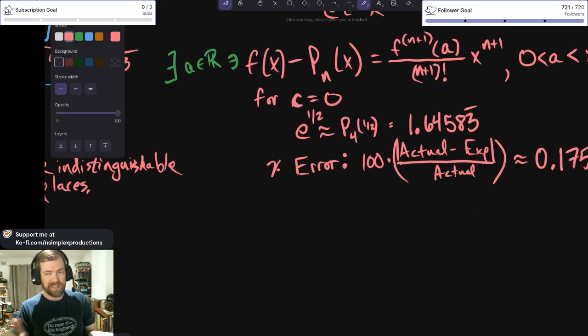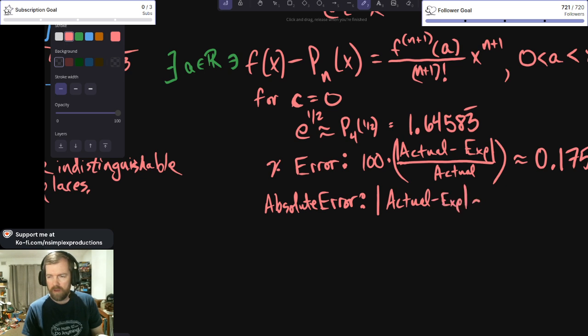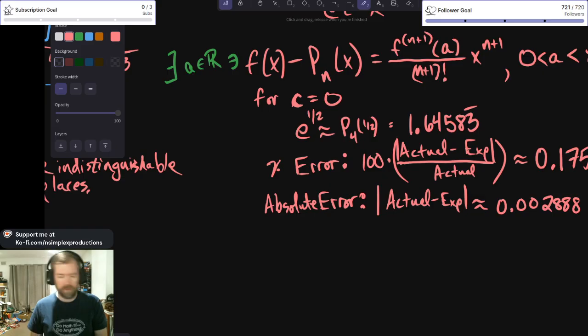Again, the actual difference between them would be the absolute error, which is just going to be A minus E, absolute valued, which is about 0.0028879, but close enough.